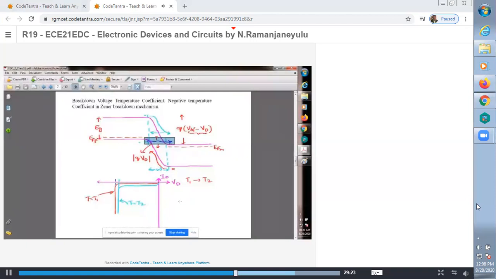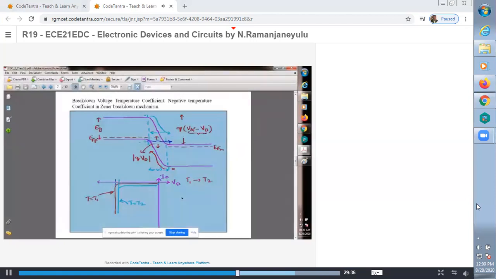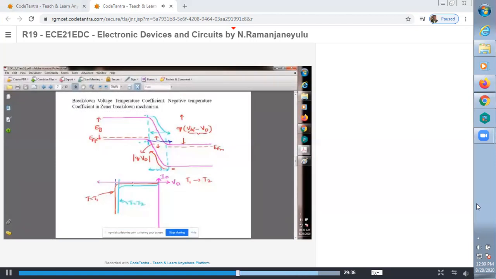Now, temperature dependence: if temperature increases, does the breakdown voltage increase or decrease? Observe the red line, T is equal to T1, and here the light blue line, T is equal to T2.